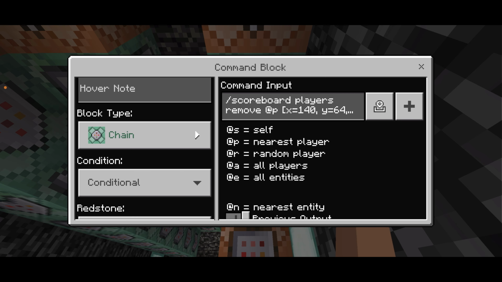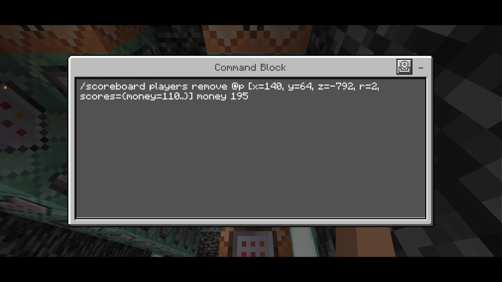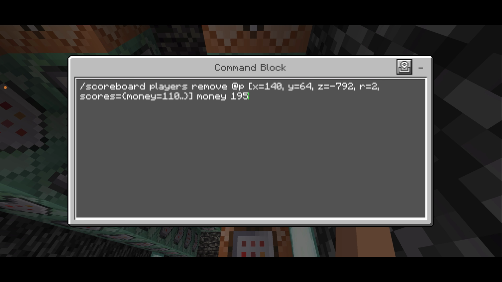Wonderful. Okay. The second one is going to remove the money. Wait. Oh, wow. Look at this. See? Now I see something. I actually screwed up. Look, I put money 110. So money 195, which is interesting.